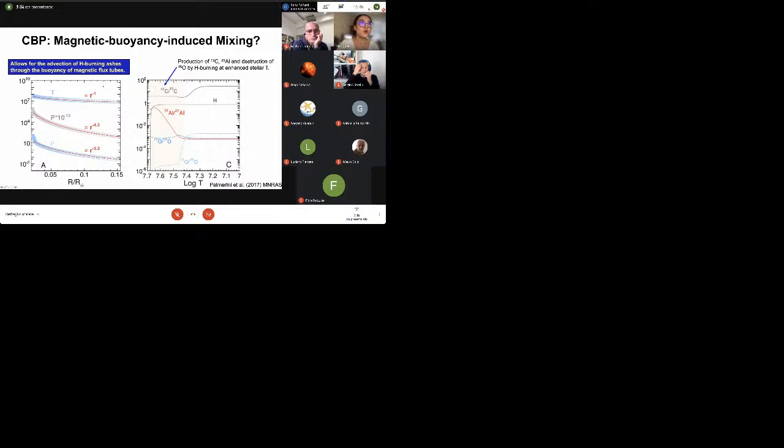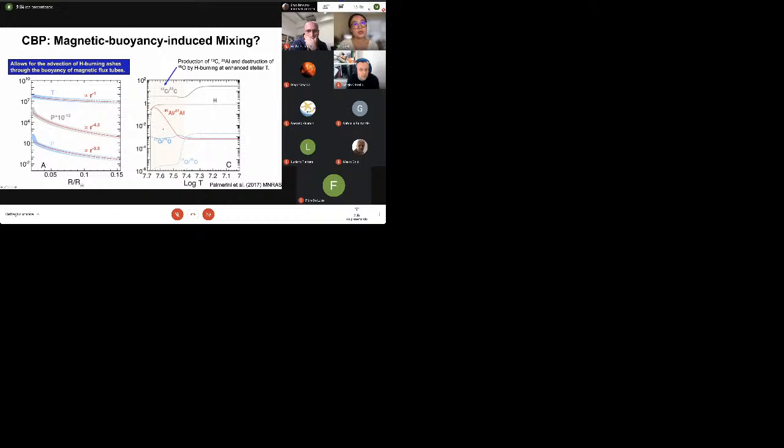So in this more recent work of Palmerini et al., the authors invoked that the plasma condition in a 1.5 solar mass, solar metallicity star satisfy the criterion for the occurrence of magnetic buoyancy, so that deep mixing can occur in such a star to bring material from the convective envelope to the stellar interior for cool bottom processing to occur.